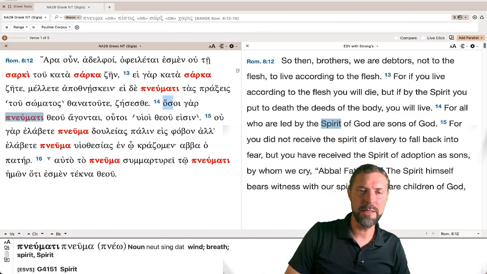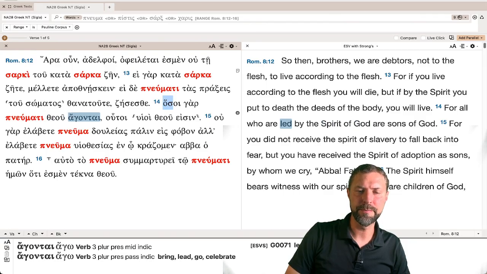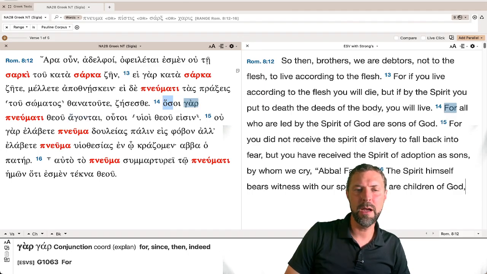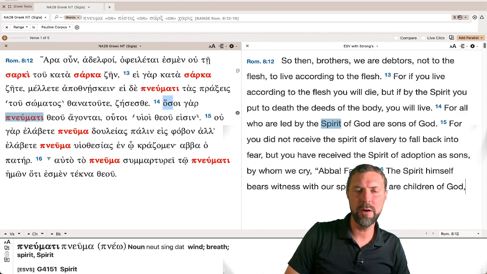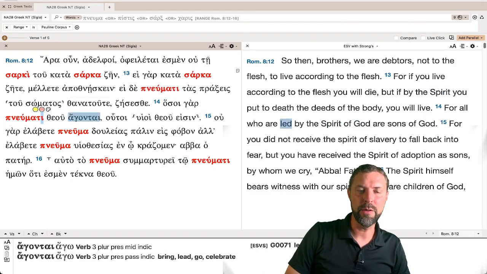"For as many as by the Spirit of God are being led." The third declension noun here is dative neuter singular. And I can see it by my ending, which I've already worked. We had one of those. "The Spirit of God, they are being led." "For as many as are being led by the Spirit of God."